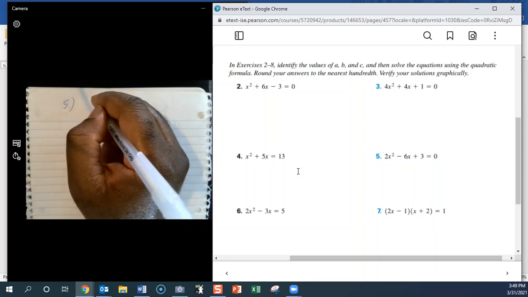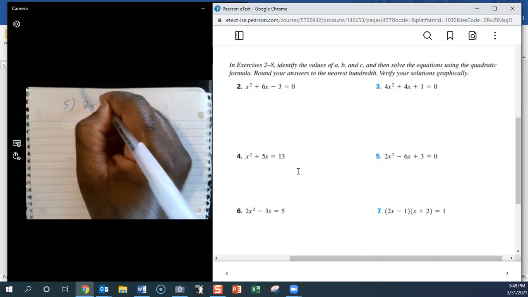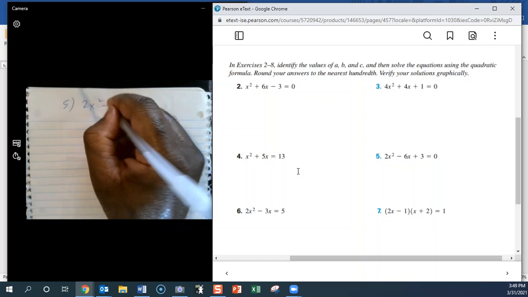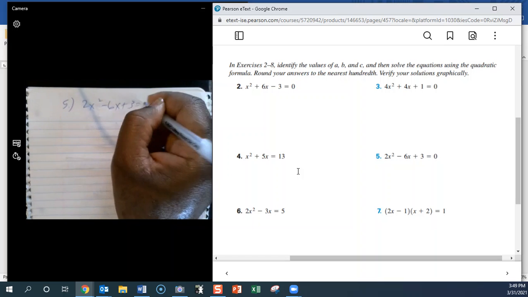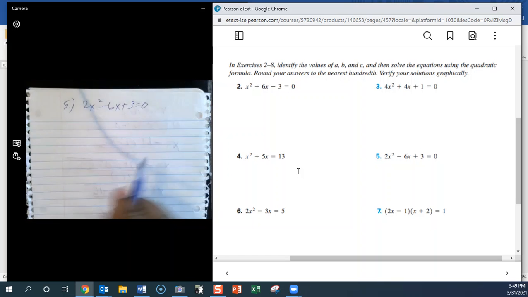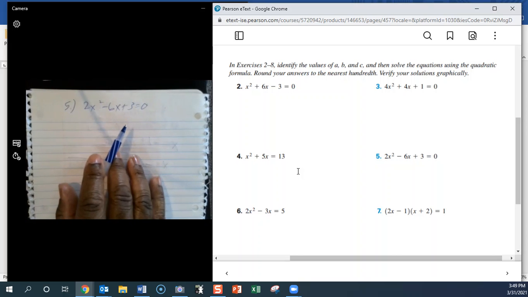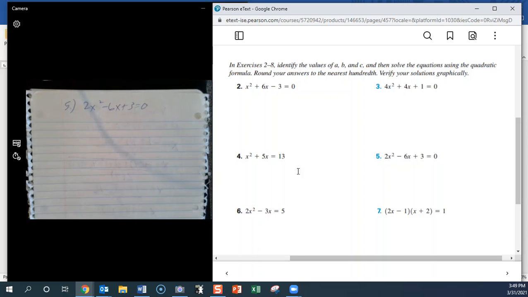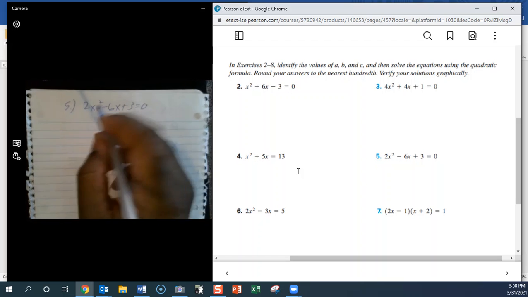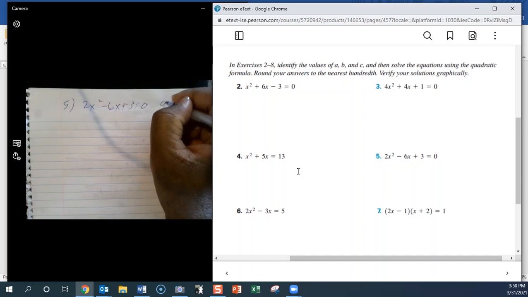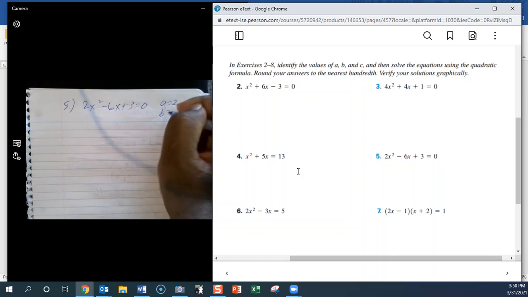We will have 2x squared minus 6x plus 3 equals 0. So this is lined up in the proper quadratic form or trinomial form, and we will have a is equal to 2, b is equal to -6, and c is equal to 3.